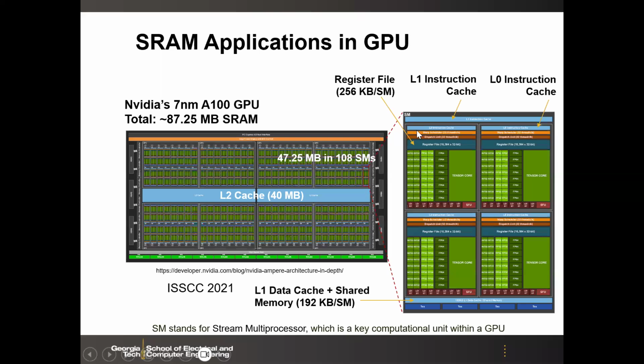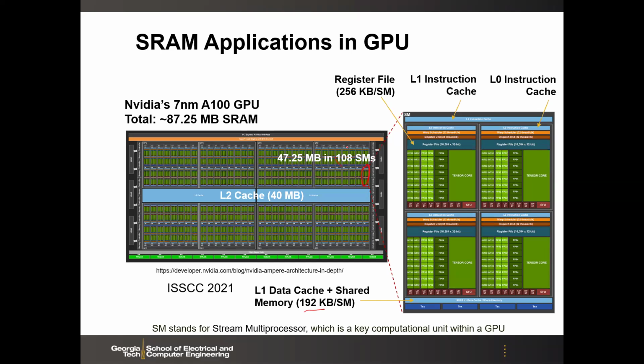Within each small core, here we zoom in to each one. It has L1 cache, again for instructions and data. Also you have some register file, like 256 kilobytes, which is also a kind of SRAM. And here the L1 data cache is 196 kilobytes. So basically, on the order of hundreds of kilobytes per core for L1 cache.